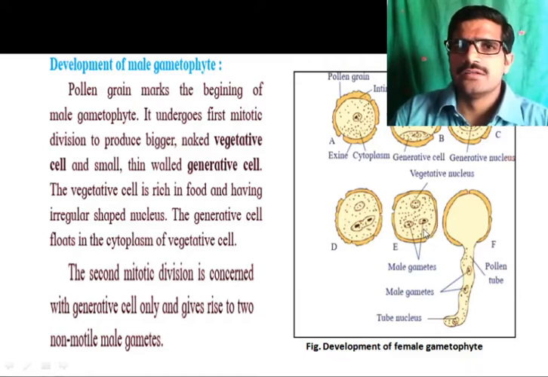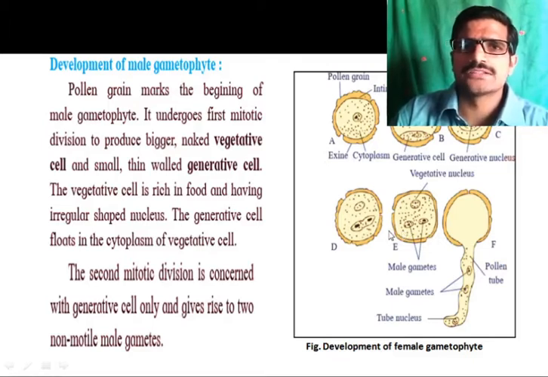After that, this pollen grain exerts pressure on the wall of the intine, and it will burst in the form of a tube-like structure called the pollen tube.